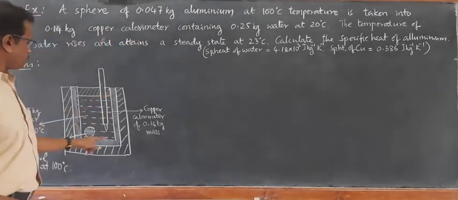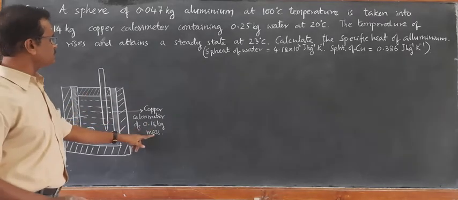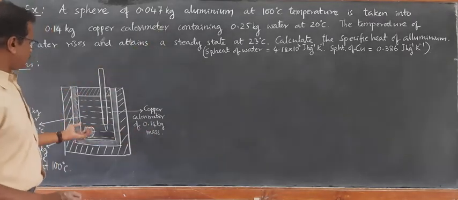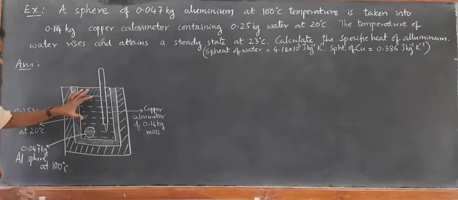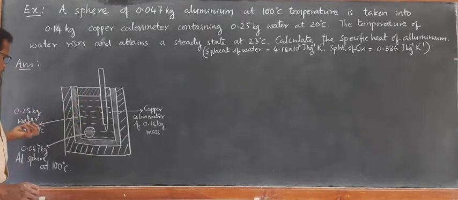This is the copper calorimeter, 0.14 kg mass. It contains 0.25 kg, that is 250 gram, of water at 20 degrees Celsius.